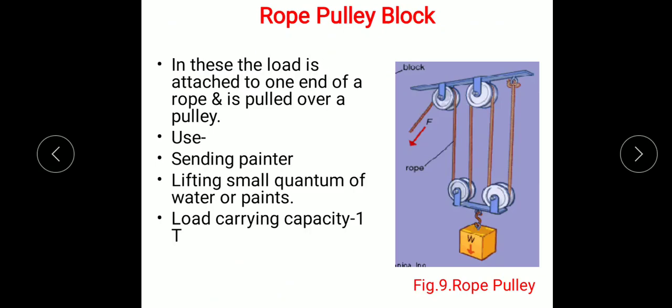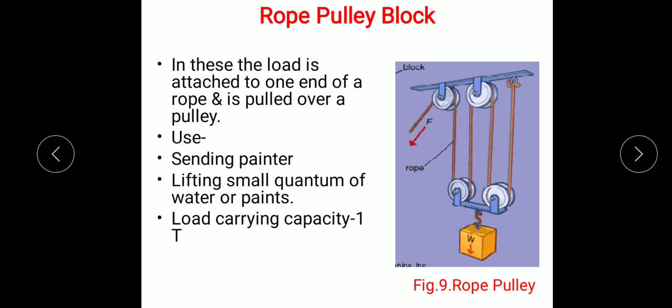In this, the load is attached to one end of a rope and is pulled over a pulley. Here we can see these are the ropes which are provided and this is a pulley. Here the weight is attached and these ropes are pulled. Here we can see a force F is applied, because of which this load can be lifted to the higher location.